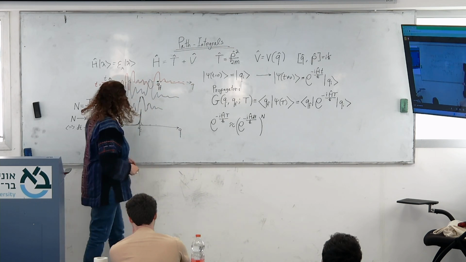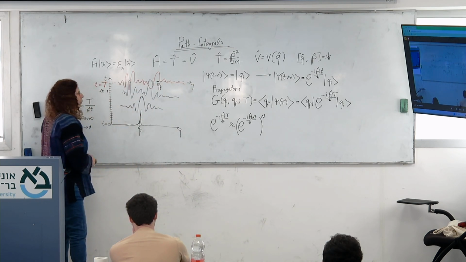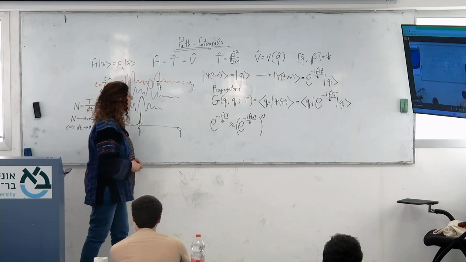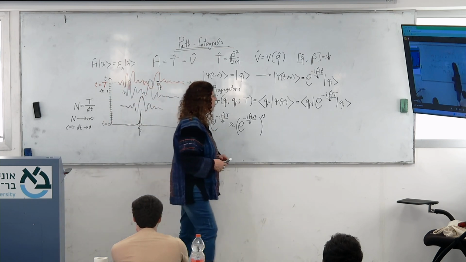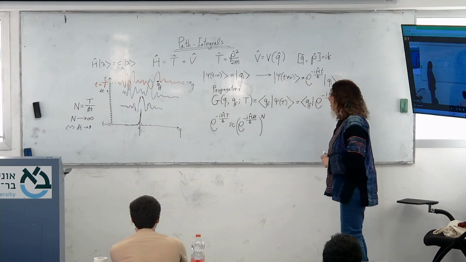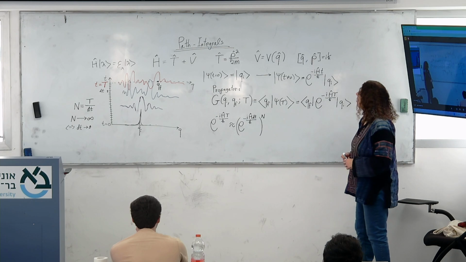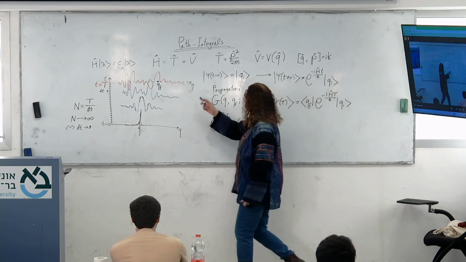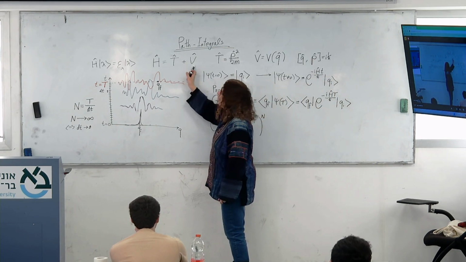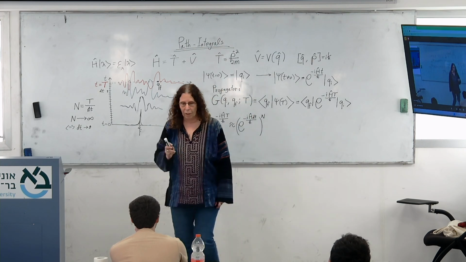An exponent of the sum will give us the full time evolution. Why is this an approximation? Because H is an operator, and it's an operator that includes kinetic and potential energy, which are not commuting.